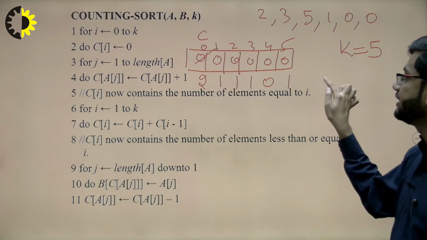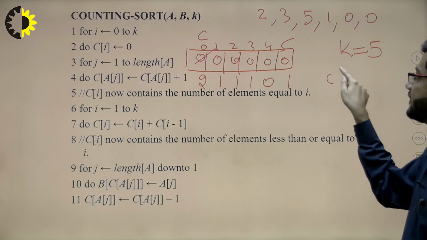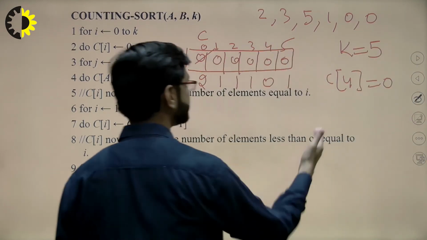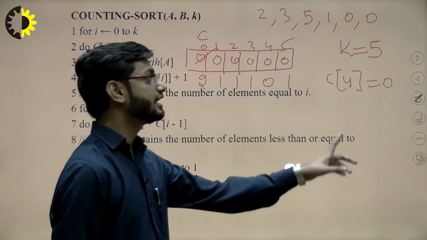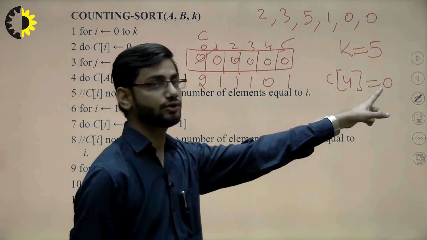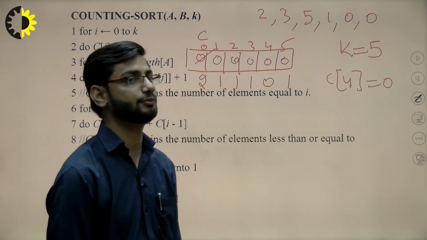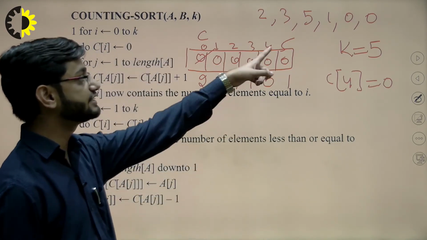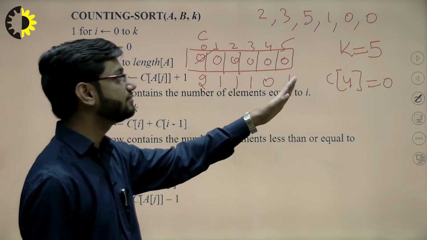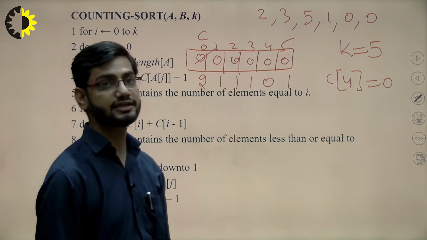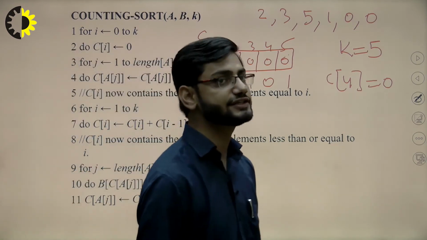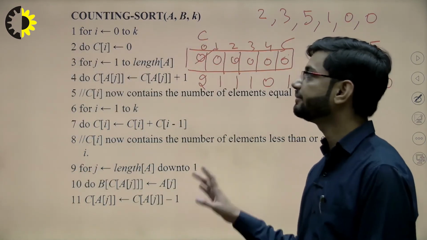For example, if the value of C[4] is 0, then the frequency of digit 4 in the input array is 0, meaning 4 does not occur at all. If the value of C[5] is 1, the frequency of 5 in the input array is 1. Clear? So by these two steps you are storing the frequency of each and every element of the array.